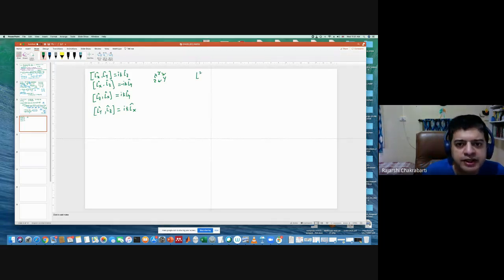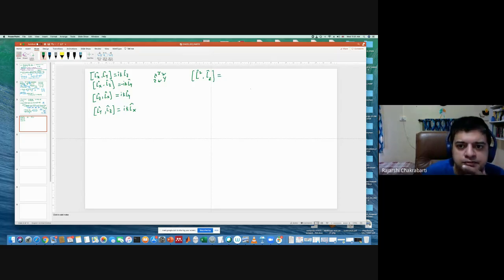If I calculate L square with Lx, or Lz, let us do it with Lz. What is the answer?